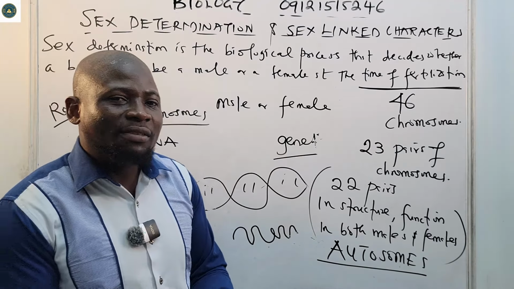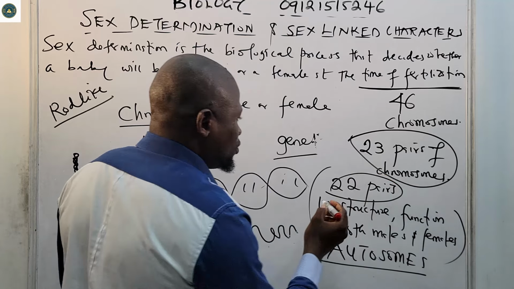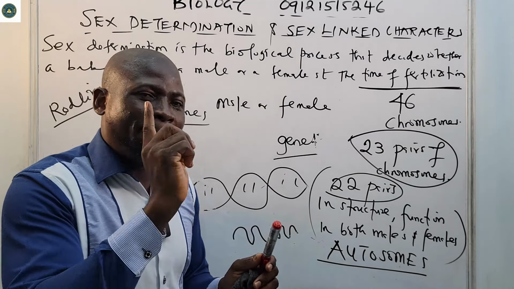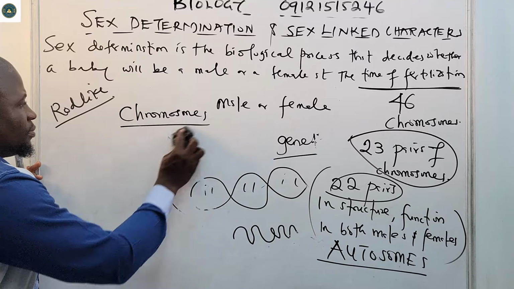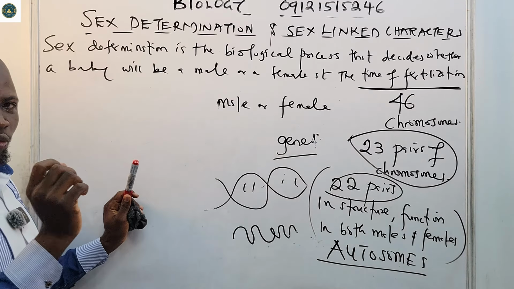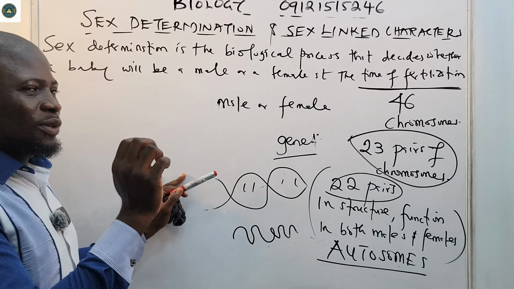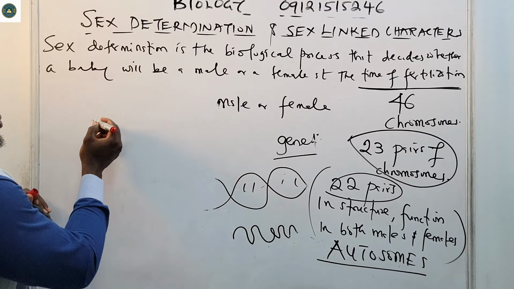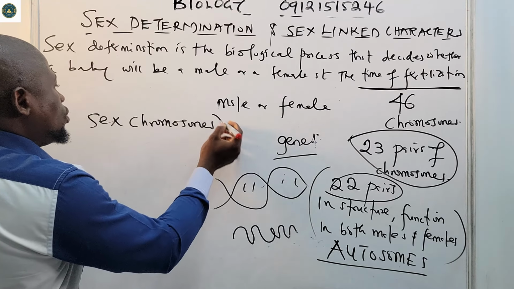Now, since we have 23 pairs and 22 pairs are known as autosomes, that means there will be one pair left, isn't it? That last pair of chromosomes are the ones known as the sex chromosomes.